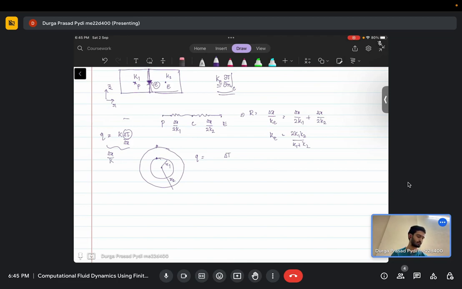If you can recollect. I'm just trying to write it in the form of voltage and current. It will be something like ln R2 by R1 by 2 pi KL.